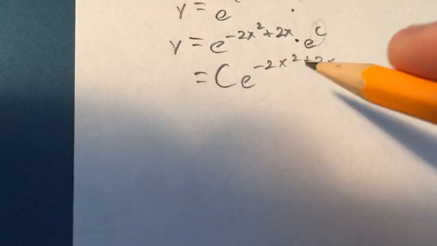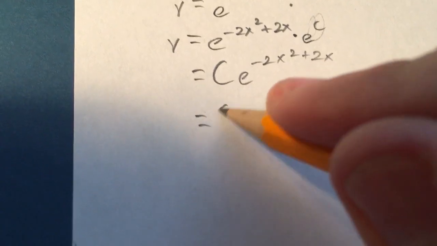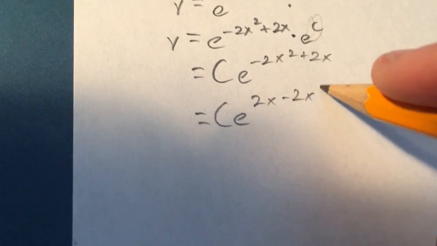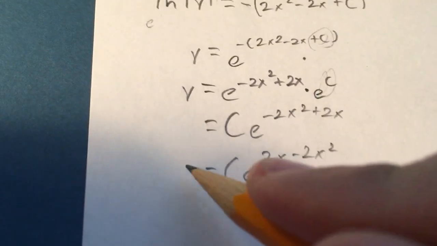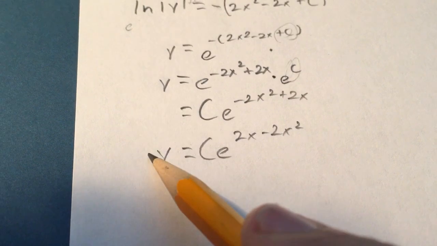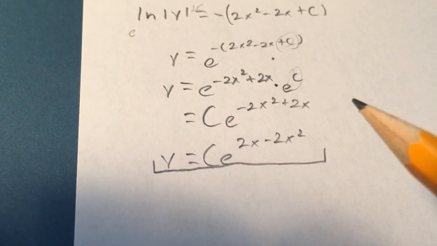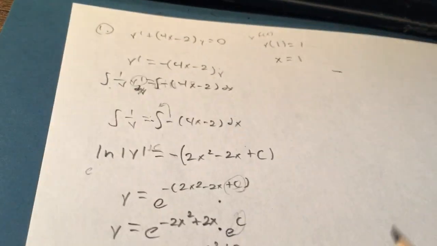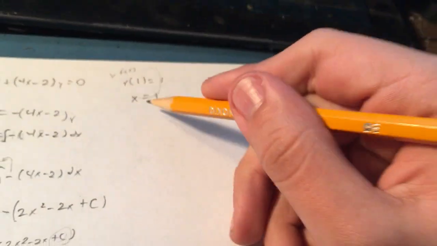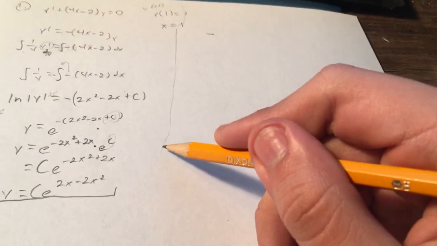You can also rewrite this with the positive term in front, because that's how the answers are written. Now we have our general solution, but we need a particular solution, which is why they give us these numbers. So we carry that down.